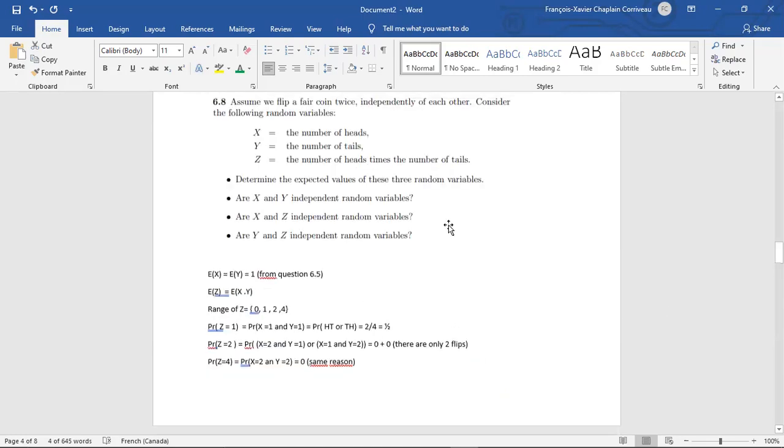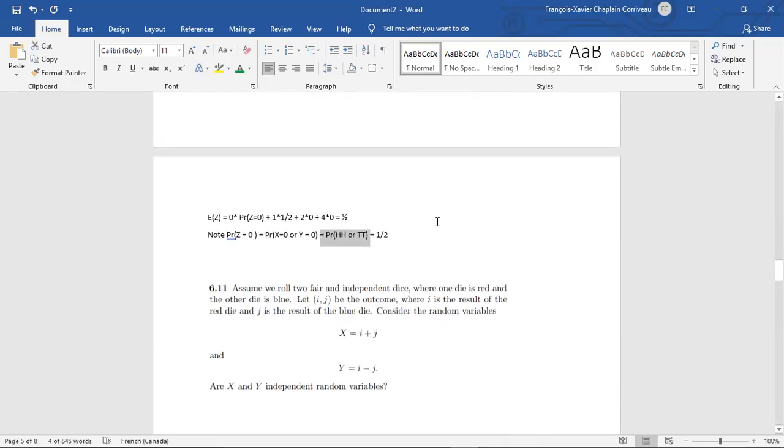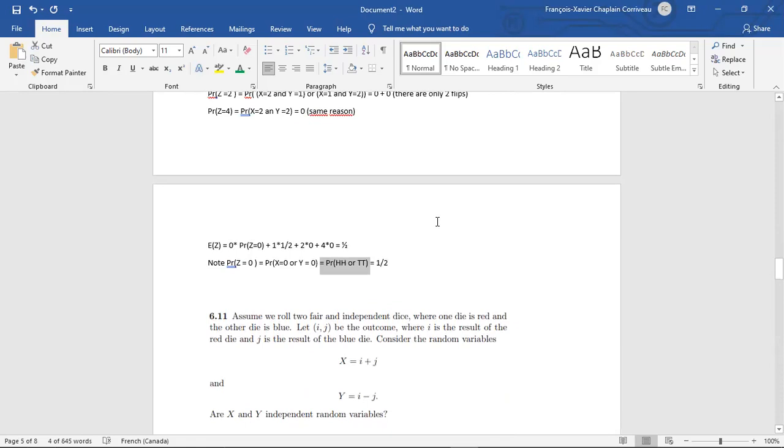Okay, so we'll take a break now. So is it, yeah, and or like the last one? Is it probability that x is equal to 0 or y, or probability that x is equal to 0 and? It's or here. Is that what you're asking? Yeah, but why? So it's z is equal to 0.